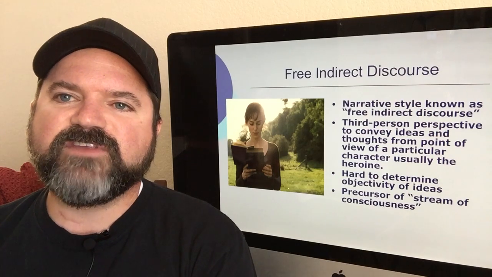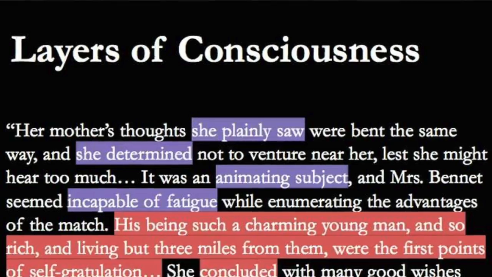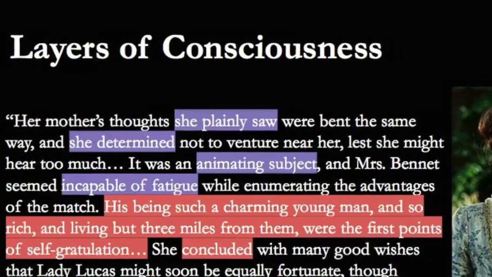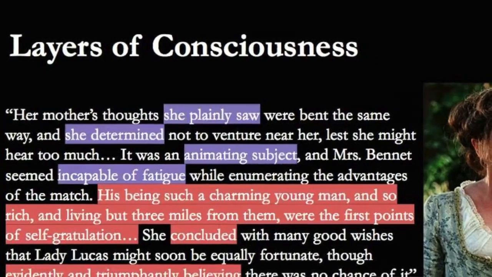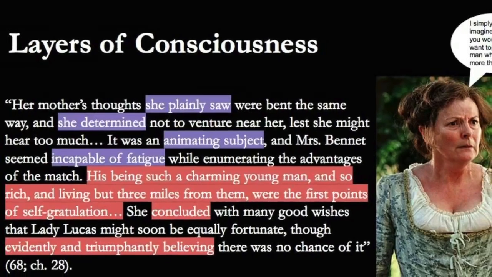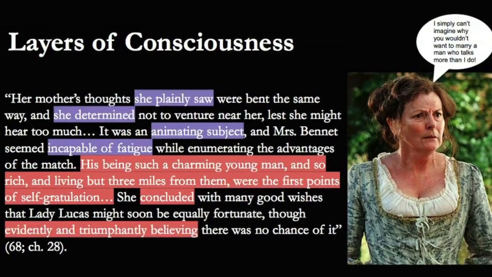This is a narrative style known as free indirect discourse, which is when you have a third-person narrator whose narration will slip in and out of the character's consciousness. So in other words, you will get the character's thoughts and feelings, but they'll be filtered through the third-person narrator, such as in this novel, where Elizabeth Bennet's thoughts and feelings will sometimes get filtered through the third-person narrator.